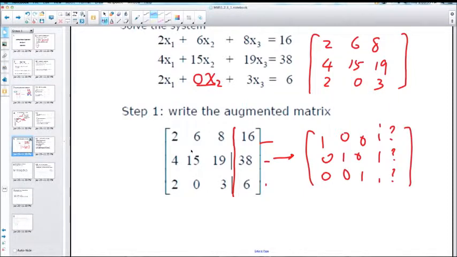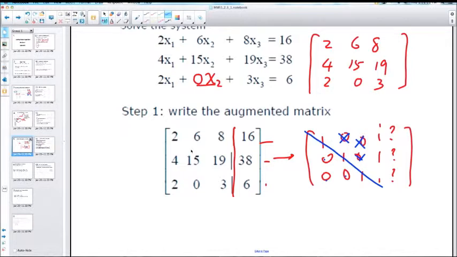But in practice, when I show you this example, I don't need to find such an identity matrix on the left. Instead, all I need is to find a matrix like this with 3 zeros under the main diagonal.